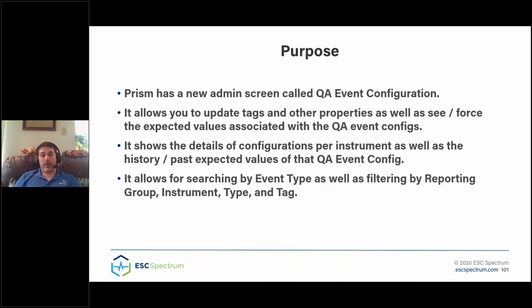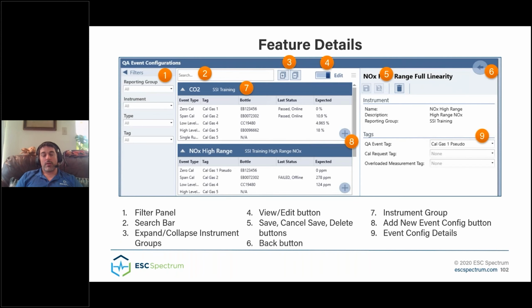If you're not familiar, as I mentioned, the QA events, you're associating if this digital tag is turned on, it means that this calibration sequence is in 0 phase or something like that.